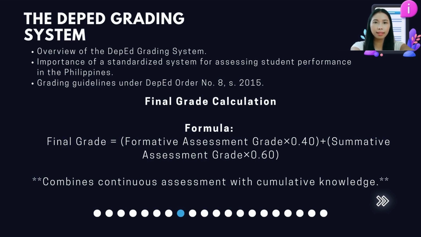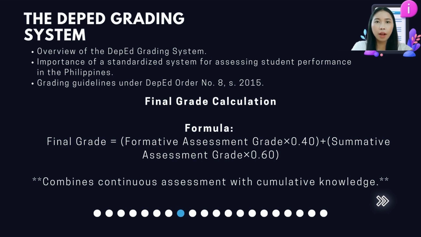This scale is intended to reflect students' proficiency in mastering learning competencies or objectives set for each grade level. Under the grade description, outstanding, the student demonstrates excellent performance, consistently achieving or exceeding expectations. In very satisfactory, the student performs consistently well, showing good understanding with minor errors.